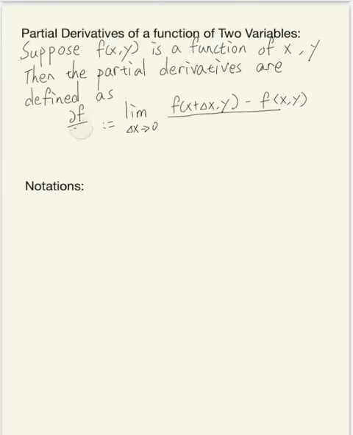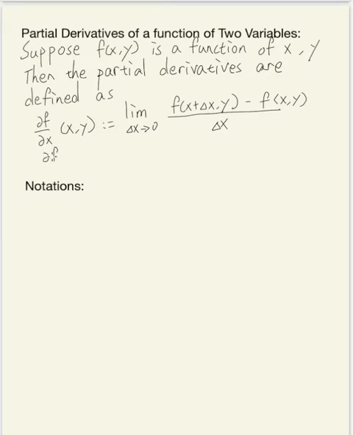Oh, I forgot to write df dx. It's again a function of x and y. Okay, defined as this divided by delta x. And notice that it is very similar to the derivative in the 1D case, except now we just have a y hanging at the tail.